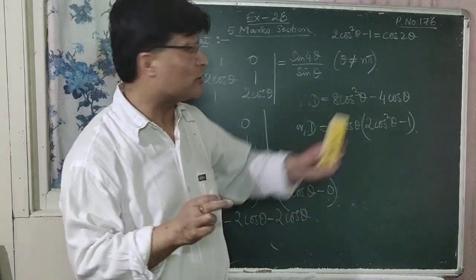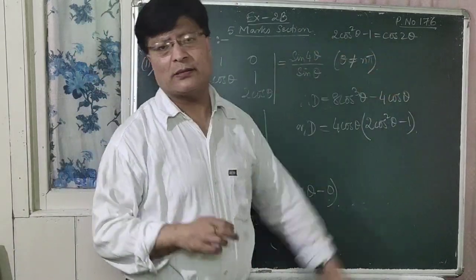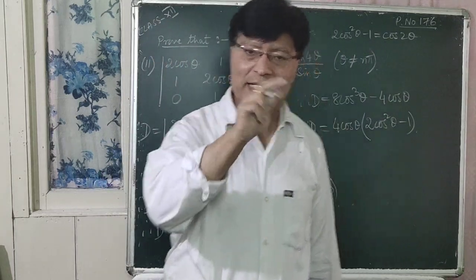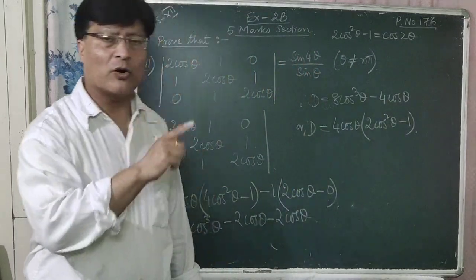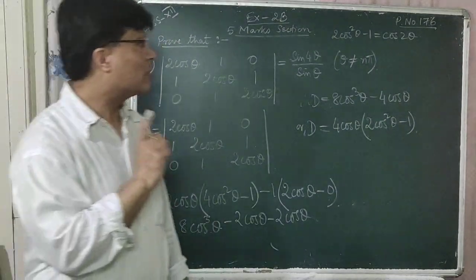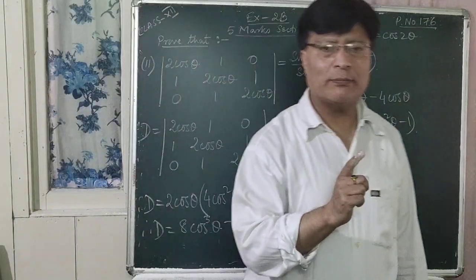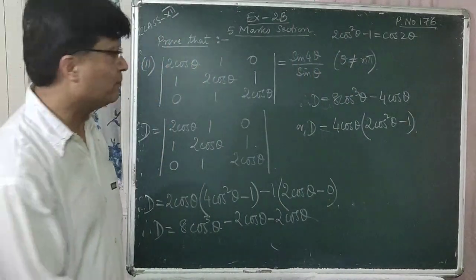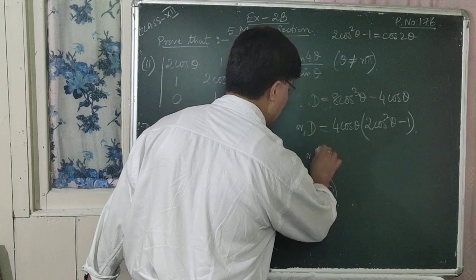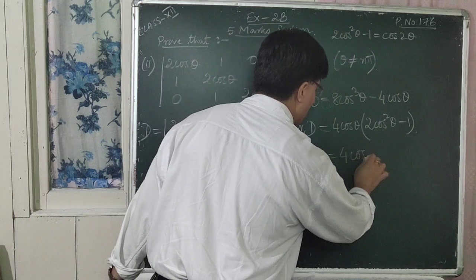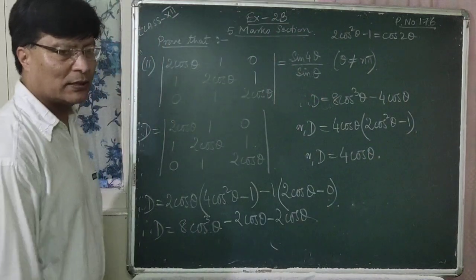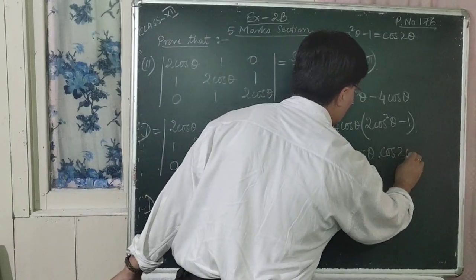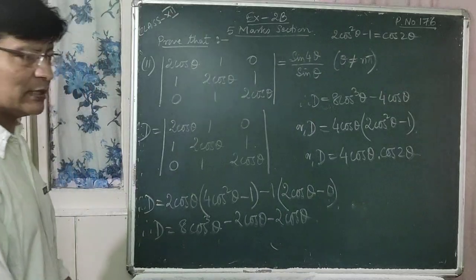Cos 2 theta is equal to 2 cos square theta minus 1. And cos 2 theta is equal to 1 minus 2 sin square theta. And the fourth one is cos 2 theta in terms of tan, that is cos 2 theta is equal to 1 minus tan square theta upon 1 plus tan square theta. Okay? So now our D is equal to 4 cos theta into what? What is the formula for 2 cos square theta minus 1? It is cos 2 theta. Is that clear to all of you?